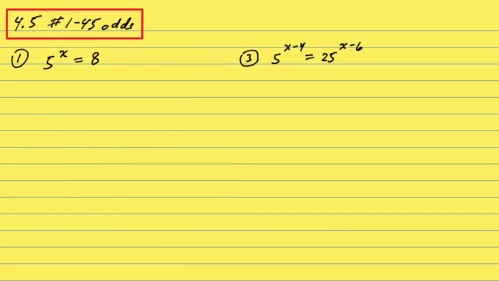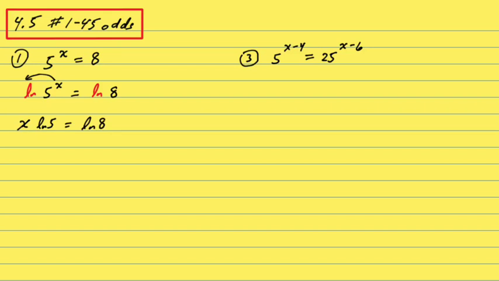Okay, enough of the examples. Let's get into the assignment. We're doing 1 to 45 odds. So I have 5 to the x equals 8. To get rid of the exponent, I need to log both sides. That allows me to pull the exponent out front. X times natural log of 5 equals natural log of 8.